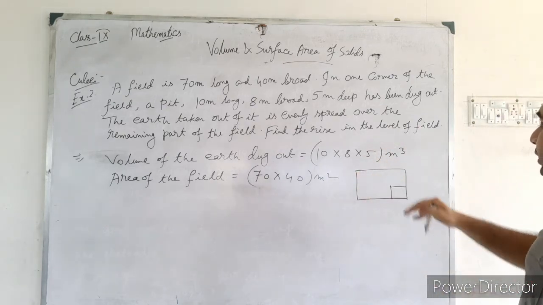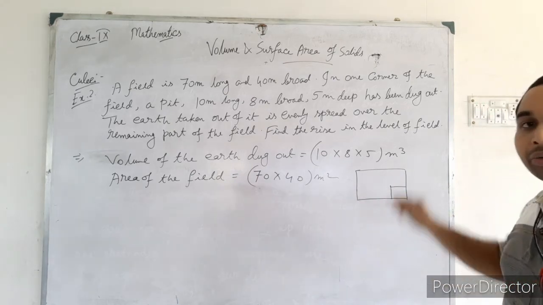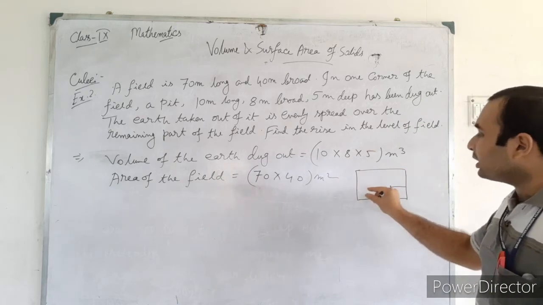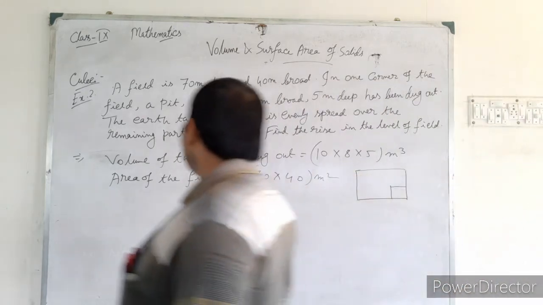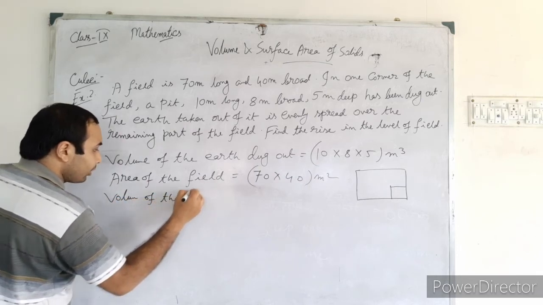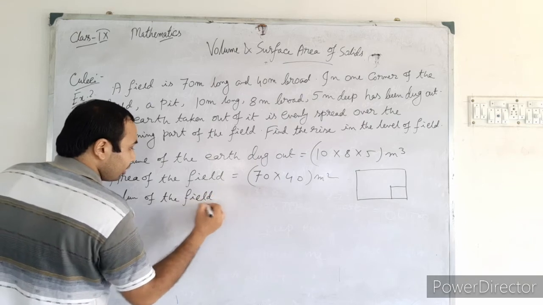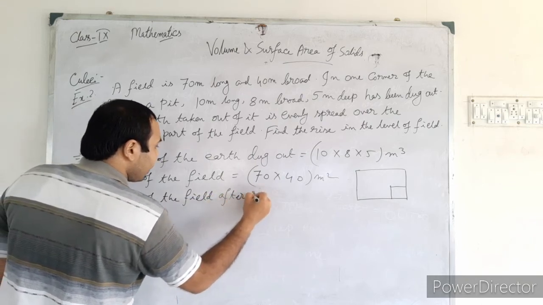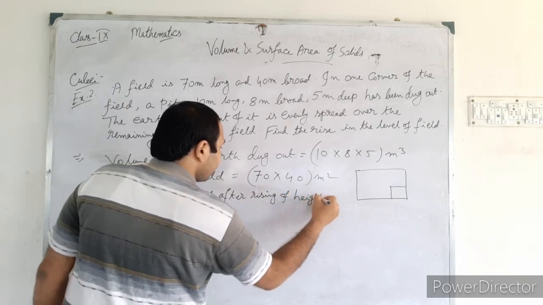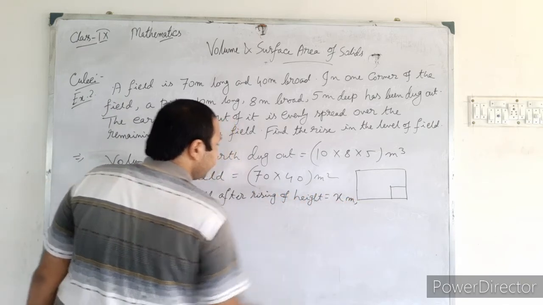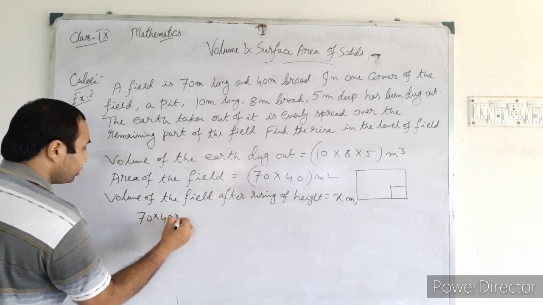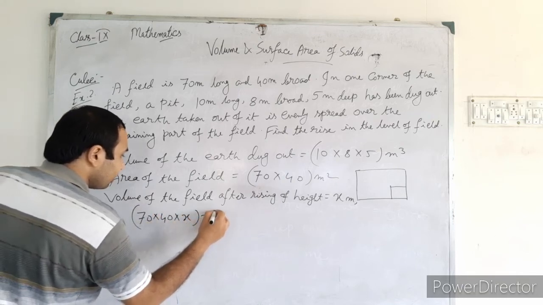So obviously some height will increase, and we have to find that height. If we take the increase of the height as x meter, then the volume of the field after rising will be 70 into 40 into x meter cube.